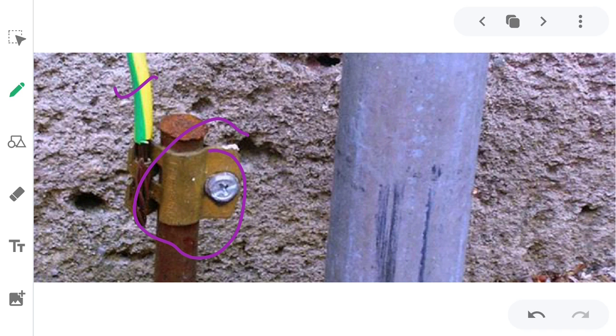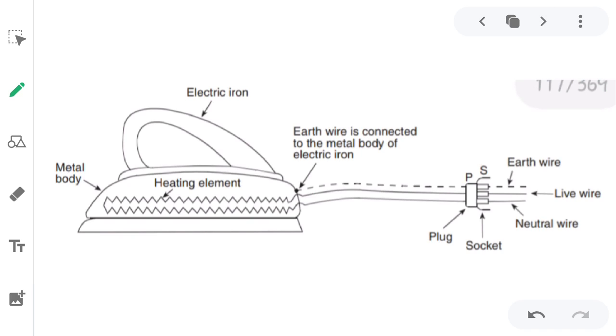In case of earthing, we generally do this kind of wiring. We bring a wire from the fuse and then we connect it to the earth. For example, here you can see that this iron has a metallic body.